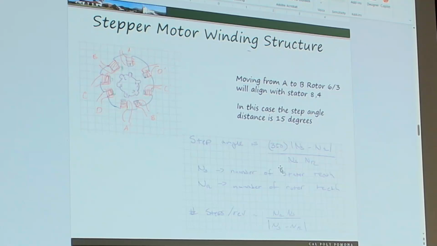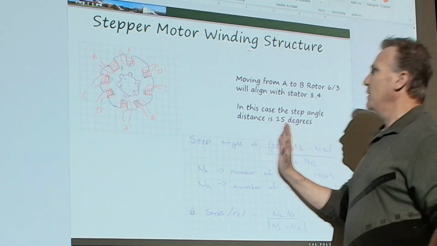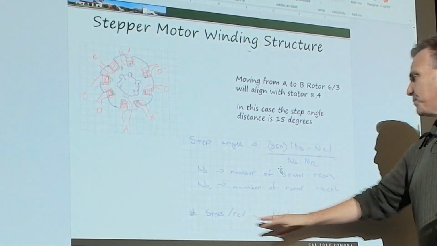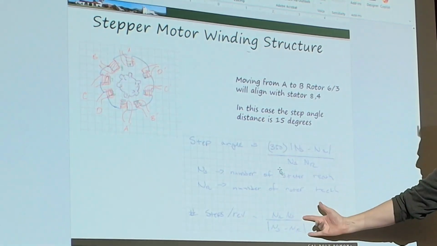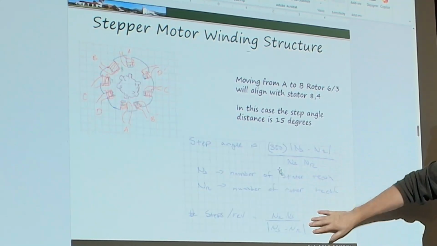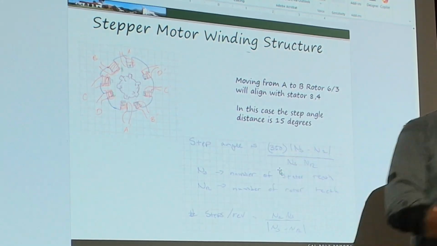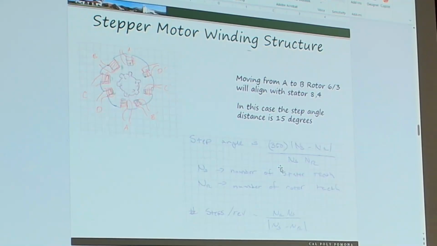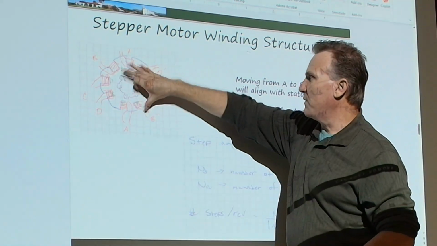That's going to be the step angle or the number of steps that I'm going to have. So the number of steps per revolution becomes this right here. So this is my step angle or the number of steps that I have. So what that means is that's how far that stepper is going to advance every time one of these is energized.